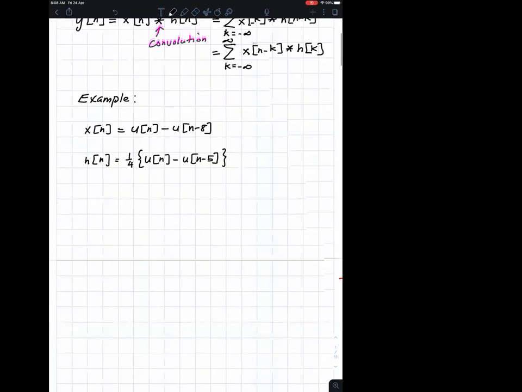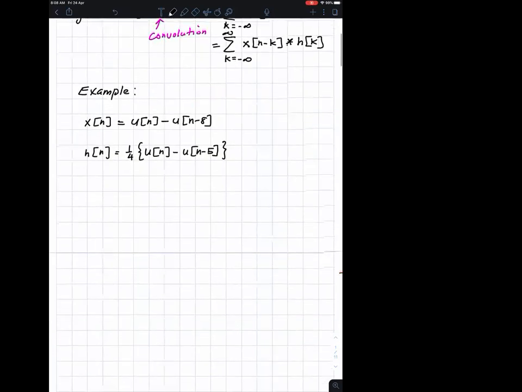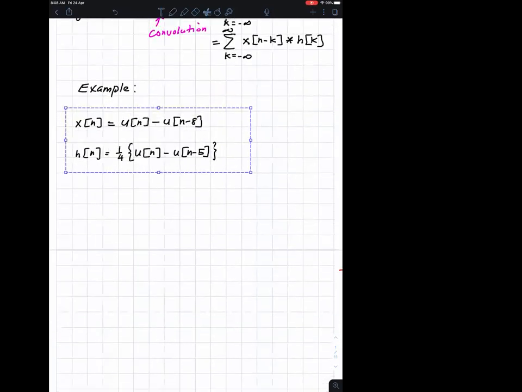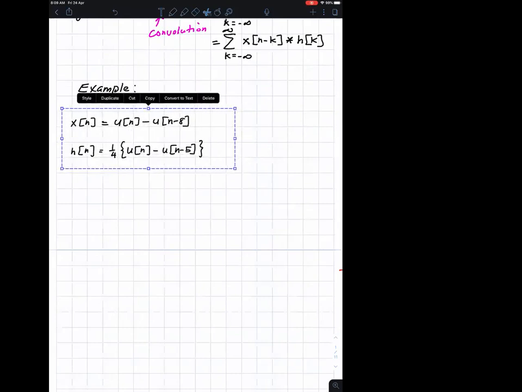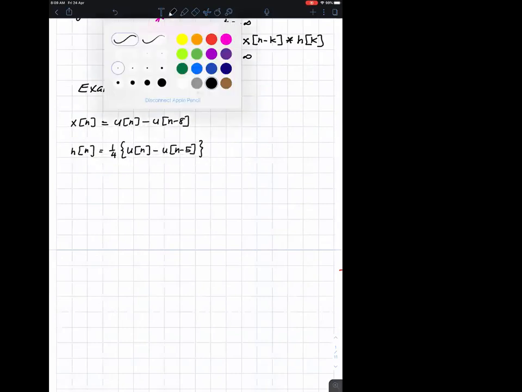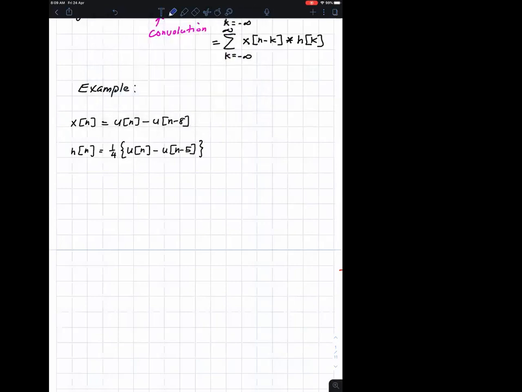The first thing we want to do is change variables. On one signal, you let n equal k.